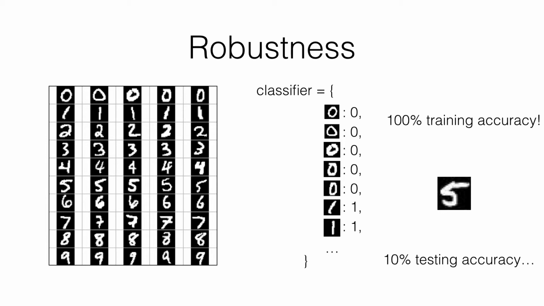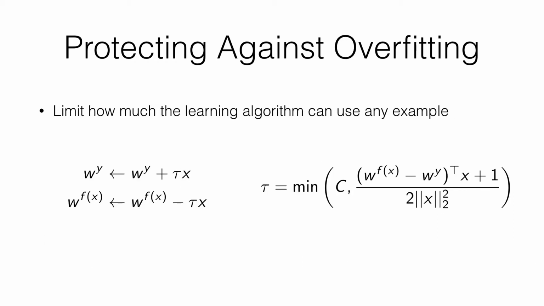So we've overfit. We can protect against overfitting a little bit, and this is where the extra piece comes in that I left out from 2 slides ago, which is that we don't want to move too far using just one example. Even though our tau computation to get a good margin might tell us to set tau really high and move really far in the direction dictated by this one example, we're going to cap that.